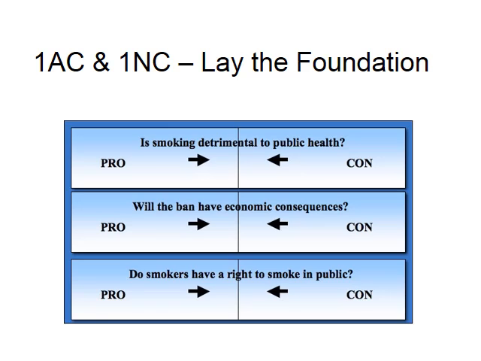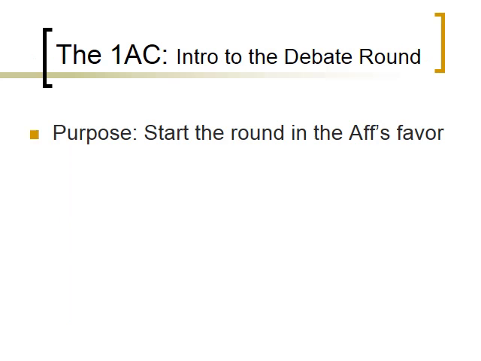The negative might come in with two offensive arguments, two disadvantages. One, dealing with the economic consequences of banning tobacco products, and a second related to taking away individuals' rights. And so we have three big arguments in this debate round, and the 1AC and the 1NC are going to lay the foundation of those arguments.